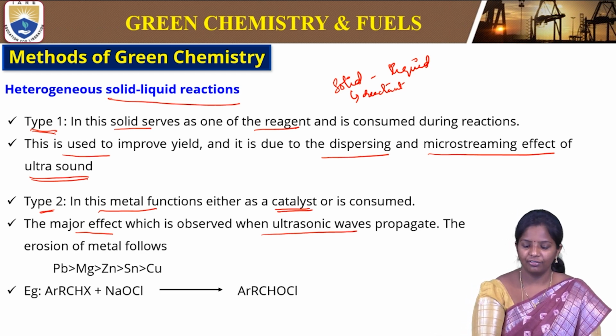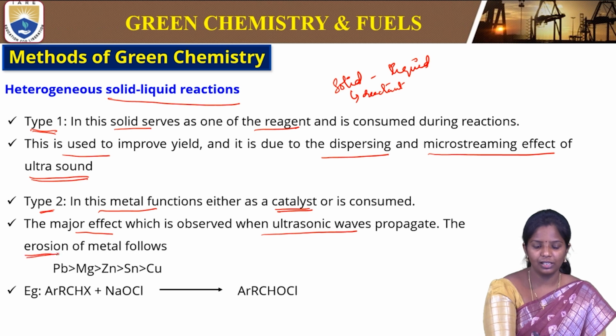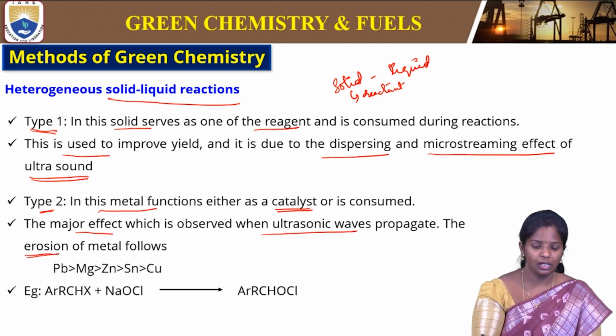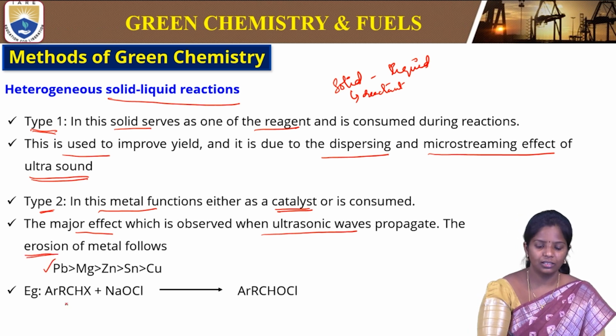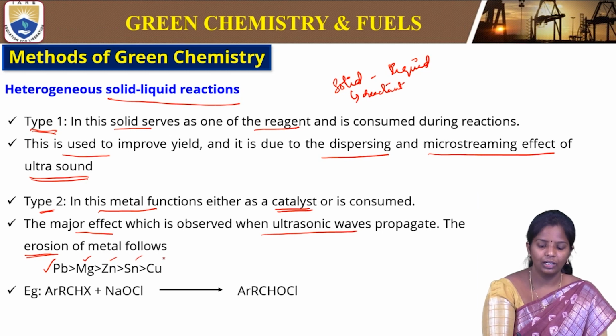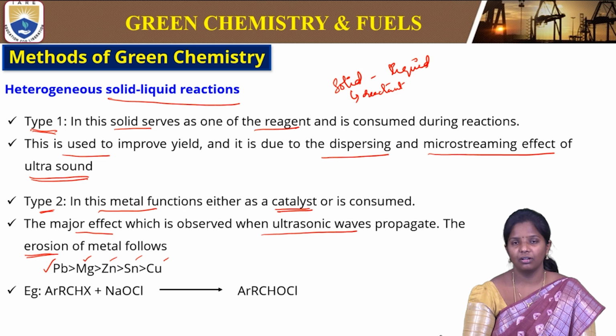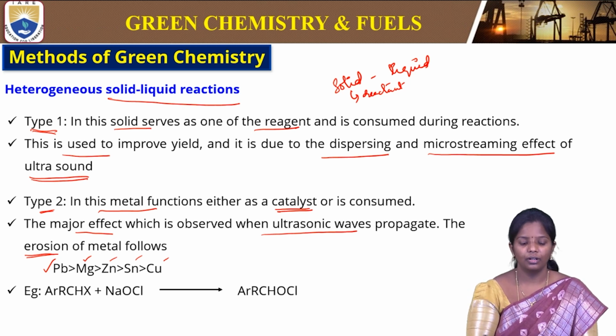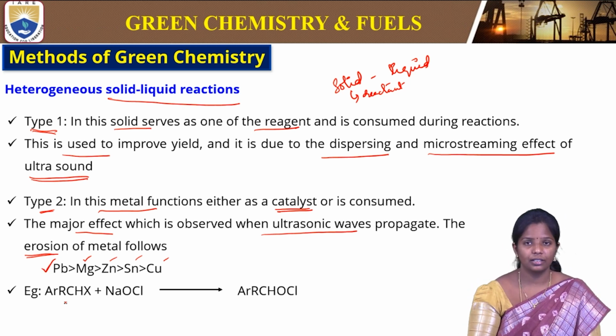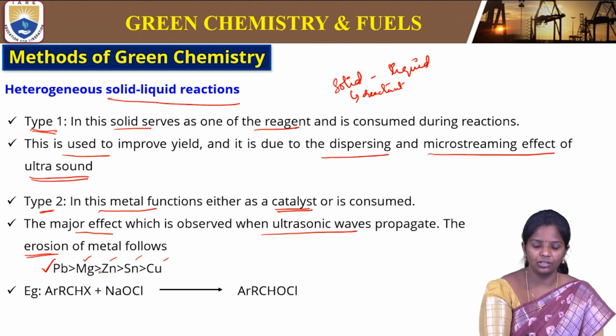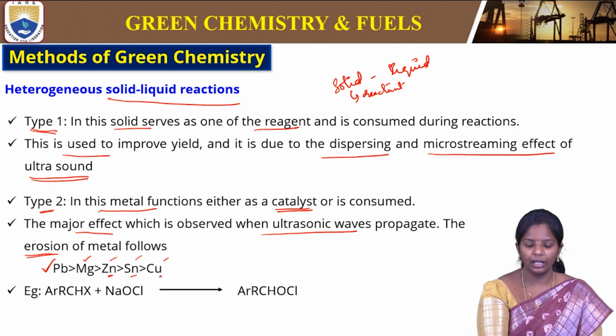The erosion of metals can be followed in this sequence: it will be high for lead, then magnesium, zinc, tin and copper. This has the major effect on the metals. So mostly lead will be consumed, then magnesium, then zinc, tin and copper.